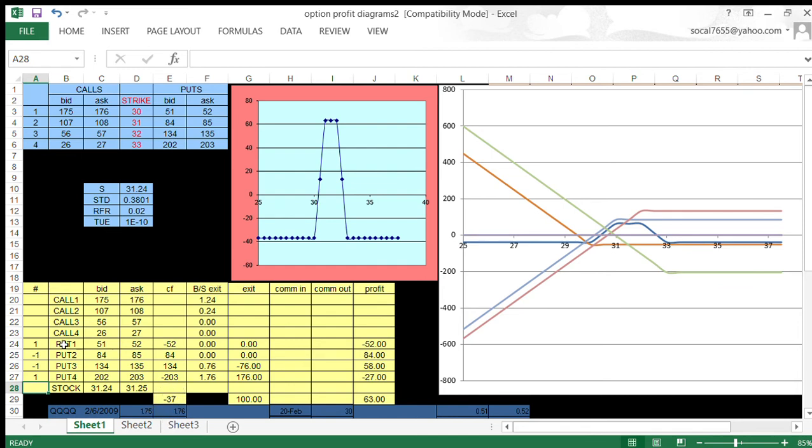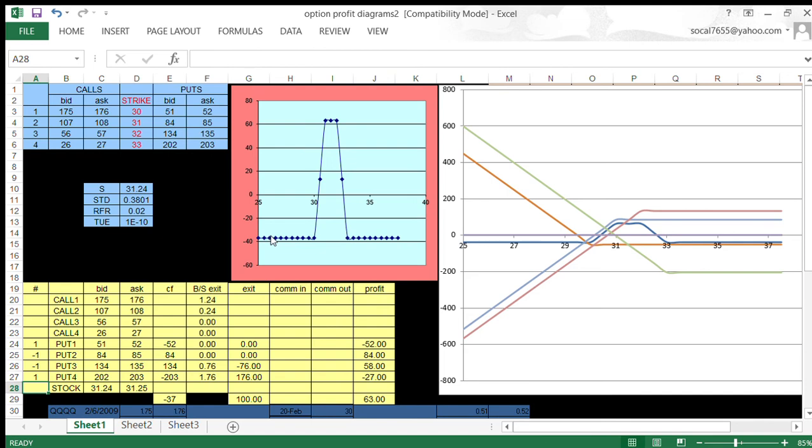This, because it's made of all puts, results in an initial cash flow that nets to minus $37. So this is a net debit combination or a net debit combo. Now this, because it's a net debit, its name changes, because of this negative cash flow to start, and this is known as simply a long condor.